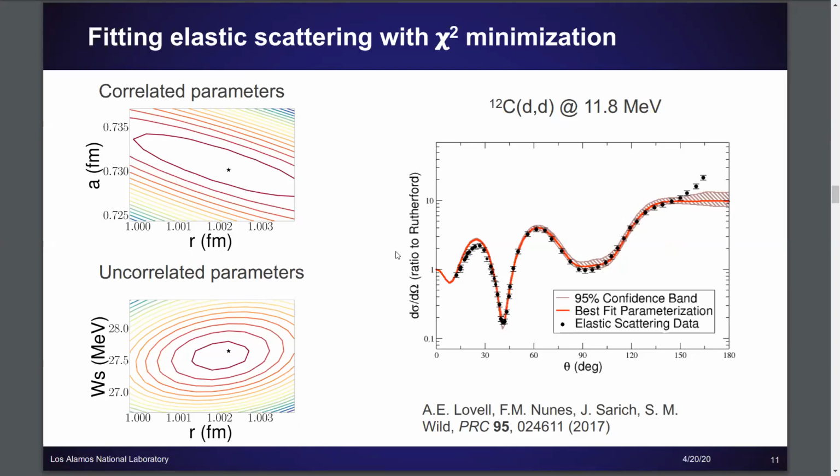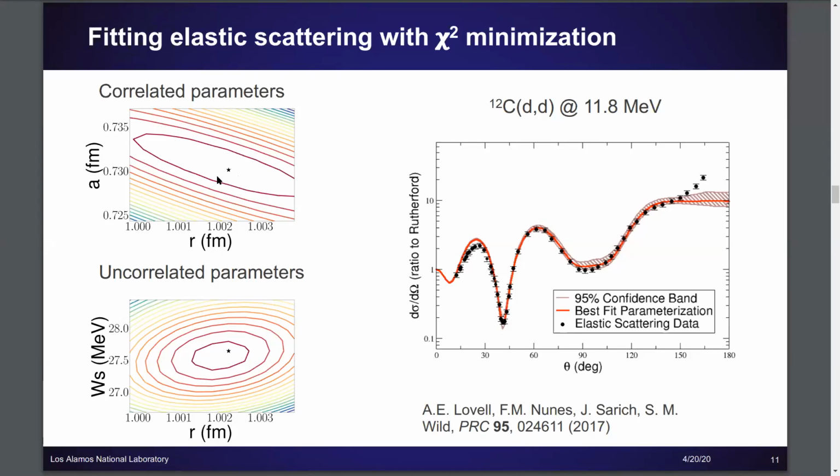We can also, from this method, look at correlations in parameter space. For example, I'm showing these contour regions where the colors indicate a chi-square value. So this is in chi-square space, say between the radius of the real volume and the diffuseness of the real volume, where you can see the very oval-like and tilted contours mean you have highly correlated parameters.